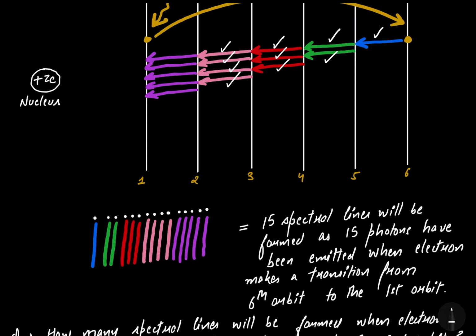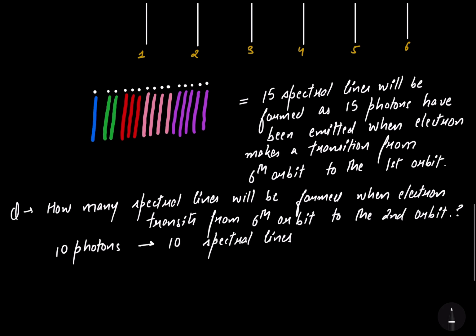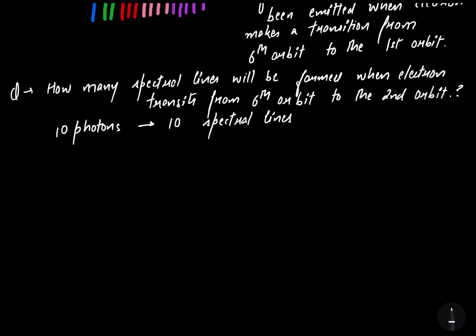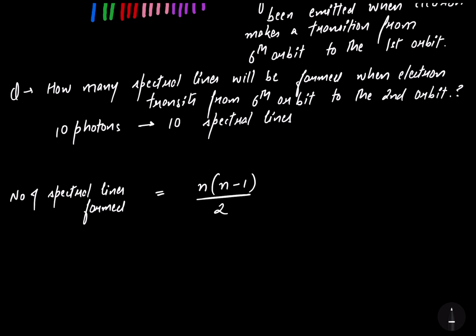We also have one formula. Let me write that formula. The number of spectral lines formed will be equal to n into n minus 1 divided by 2.